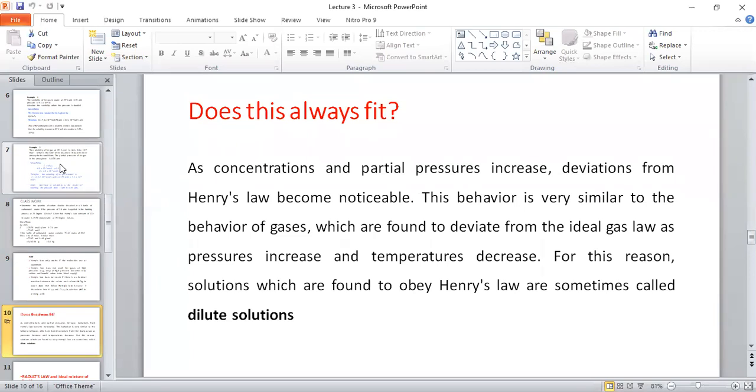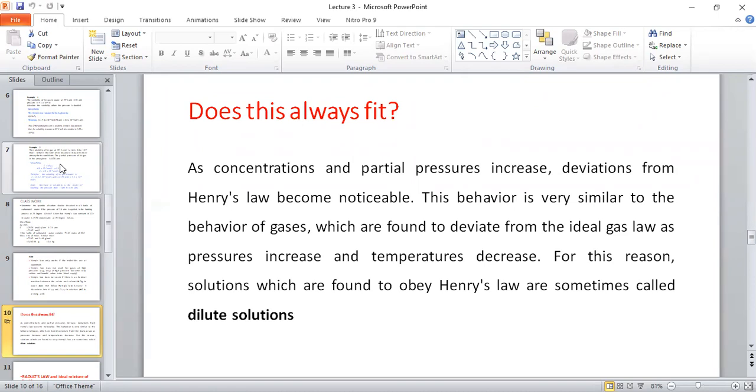Like I've told you, Henry's law does not work where the partial pressure is too high and the concentrations become so high.